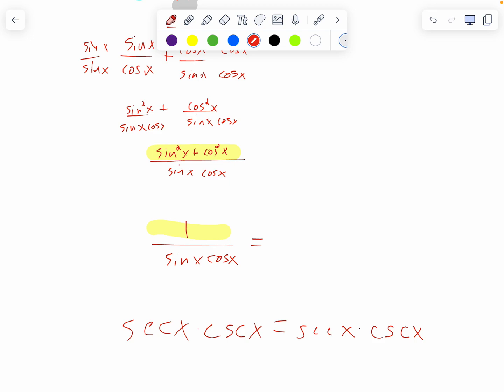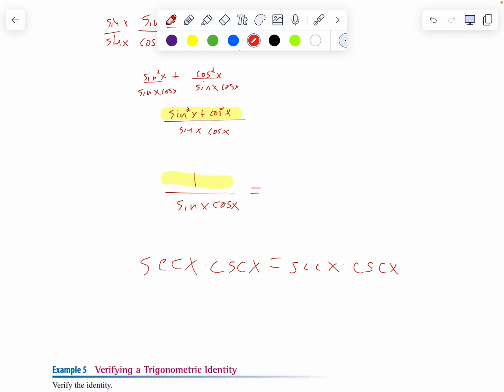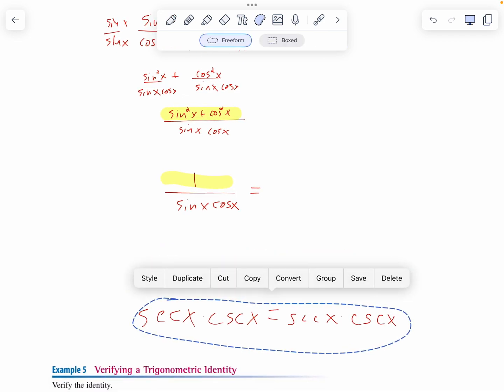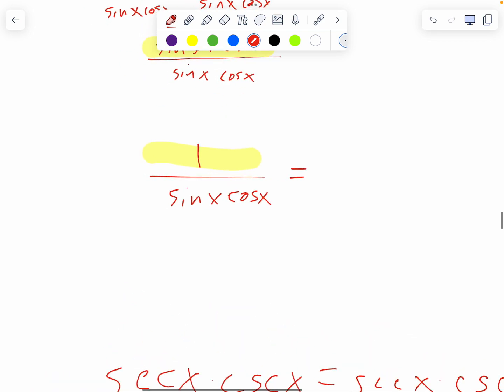You might look at this and say, Mr. Lehman, how are we going to finish this out? I'm not sure how to get that. Well, the key is understanding how to multiply fractions and how to break them apart. 1 over sine x times cosine x is the same thing as 1 over sine x times 1 over cosine x.